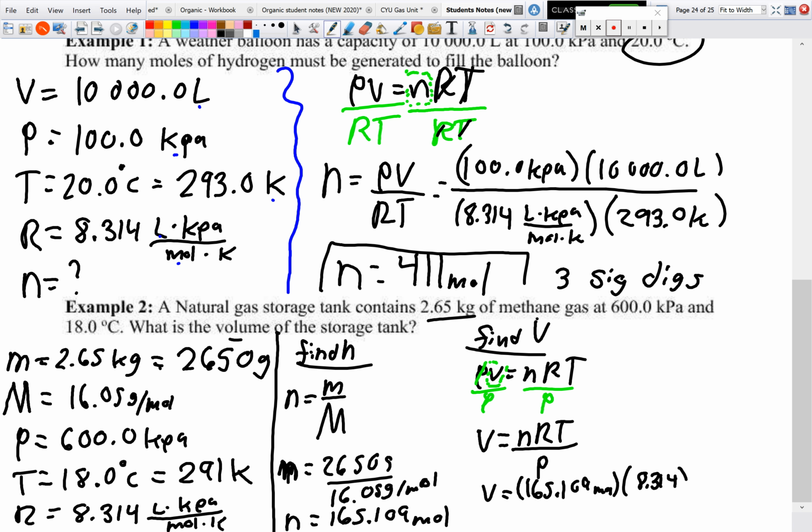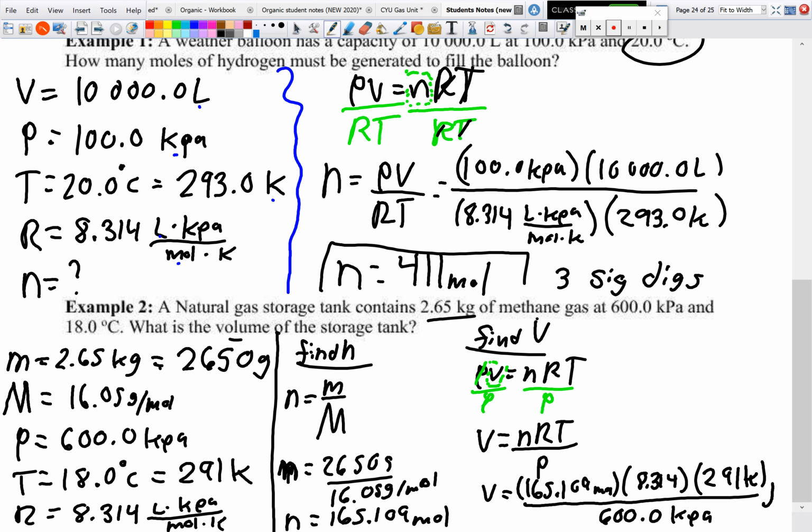I'm going to leave the units out here just because I'm a little tight on space. And all over pressure.